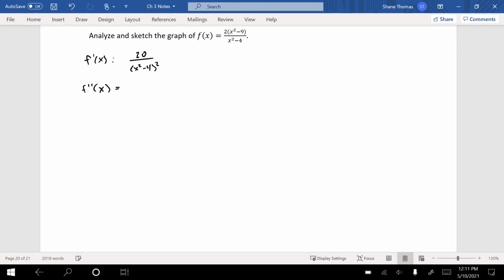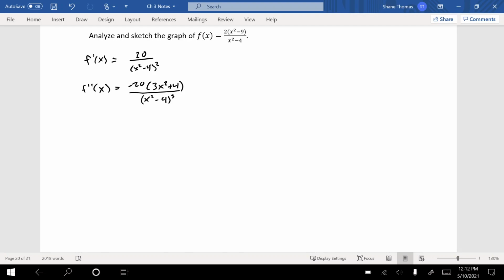F double prime of x is going to be negative 20 times 3x squared plus 4. We'll use the quotient rule on this one, over x squared minus 4 quantity cubed. Low d-high minus high d-low over the square of what's below. And then I just simplified.